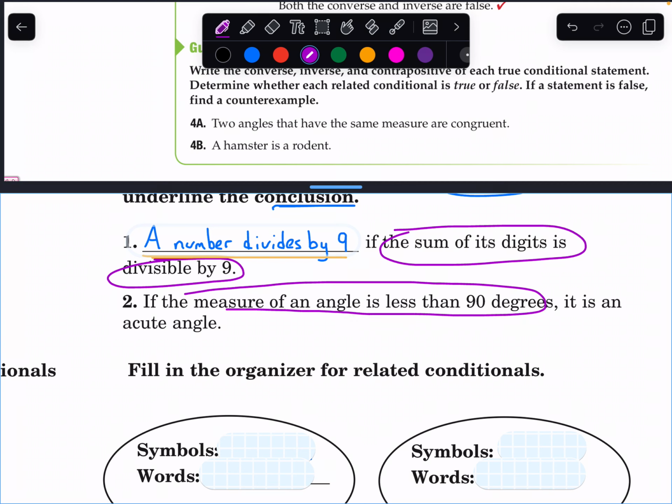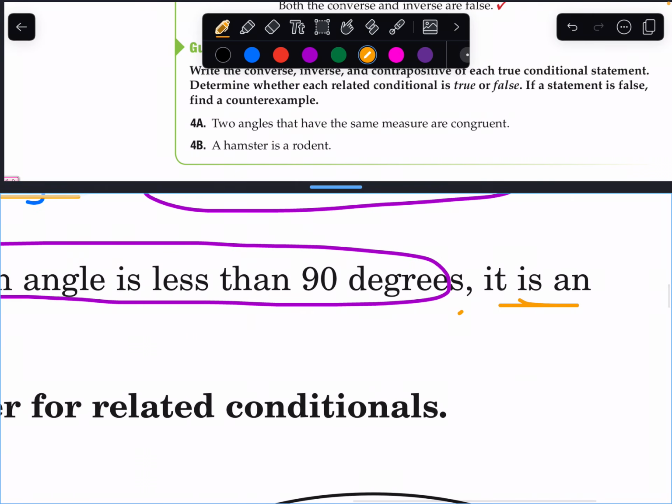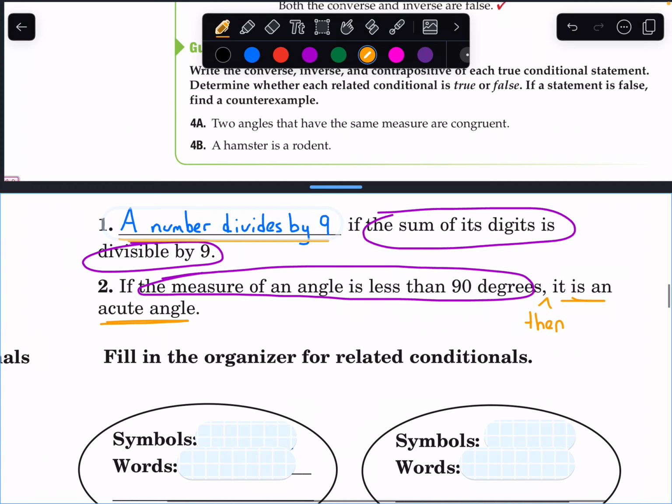So the hypothesis must be the measure of an angle is less than 90 degrees. That's the condition to be met. When that happens, you know it is an acute angle, even though they didn't actually write the word then. Notice this matches our definition of acute angle. In fact, such a conditional statement can be used to create accurate definitions.